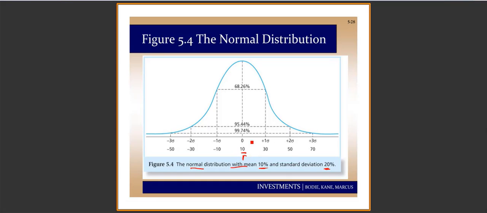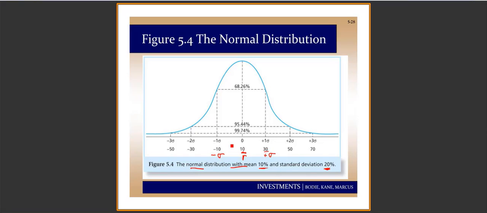If we go one standard deviation away from the mean, and remember standard deviation is 20%, so if we start here at 10 and we go one standard deviation away, that takes us to 30. That's plus one standard deviation. And if we start at 10 and we go to the left by 20%, it would take us to negative 10.